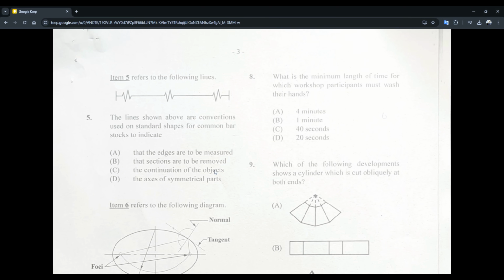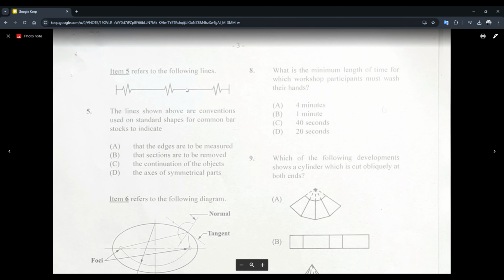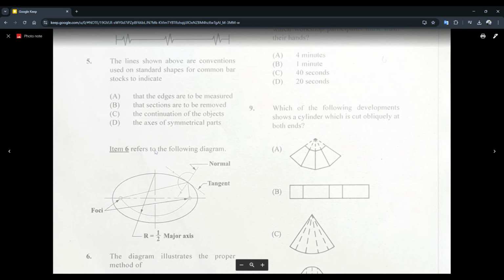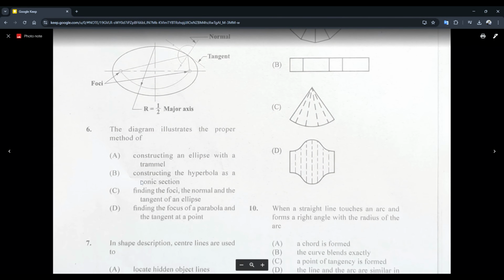I would say the answer is C, the continuation of the object. This is a break line. So when you see this, you know that the object continued, but the drawing stopped there. So C. Number 6, a very common question.